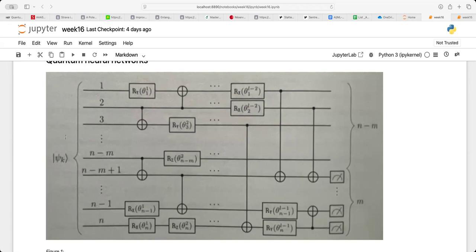Then that initial state is transformed through these different rotations. And one of the examples which we discussed last time was actually to look at these rotations as ways to encode the features of a given data sample. So with features, you could think of something like the example we looked at last time, like the credit card score. And the feature could be the age of the credit card holder.